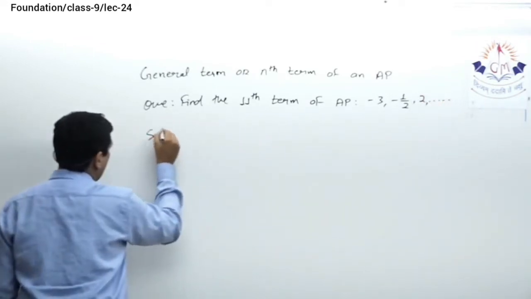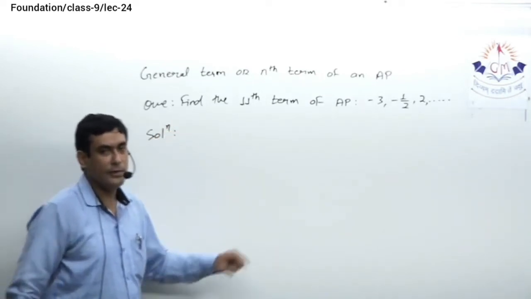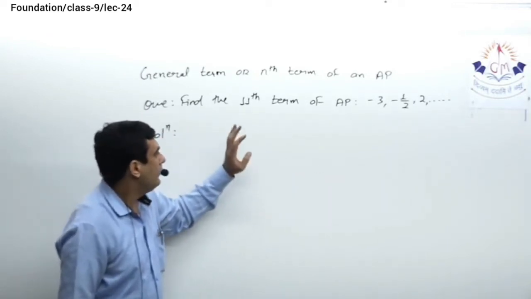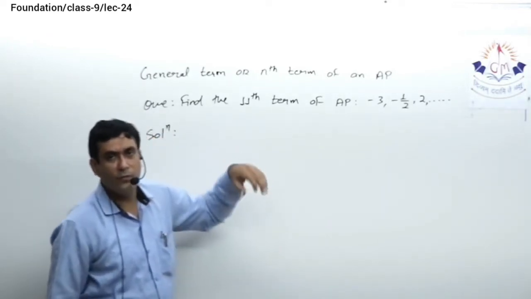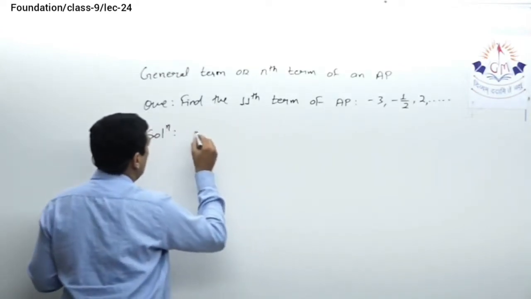Again, it's very simple. First we'll obtain A, that is the first term, then we'll obtain D, that is the common difference, and n is given as 11. Then we'll apply the formula and obtain the 11th term.